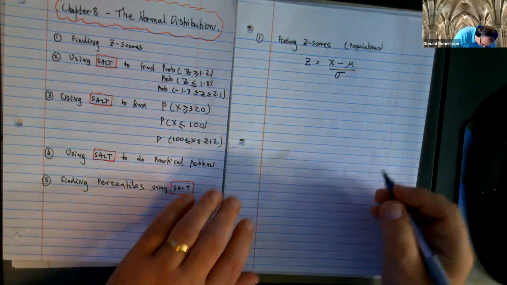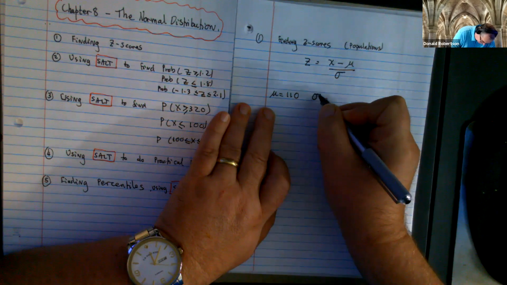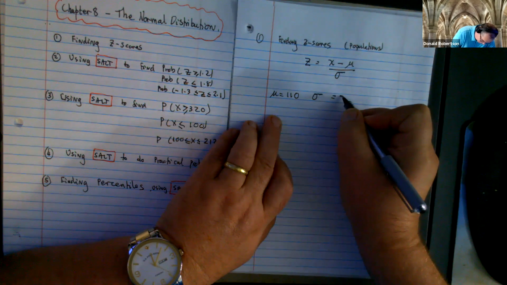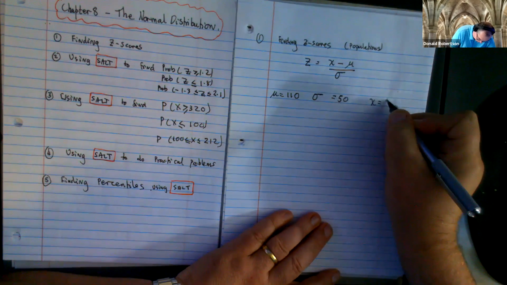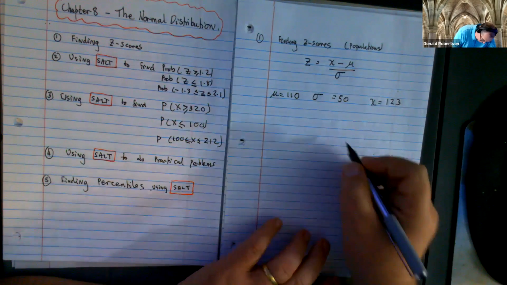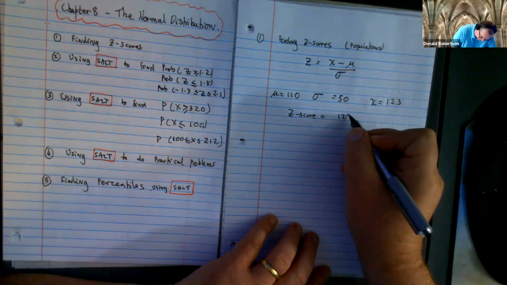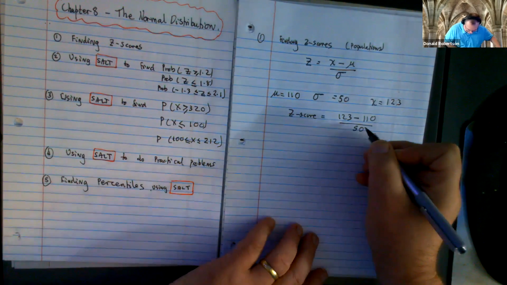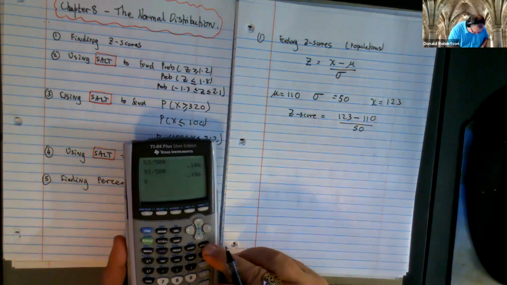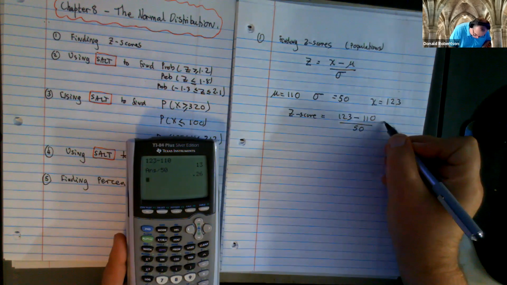So if I tell you that the mean of a population is 110, and that the standard deviation is 50, and you're given a data point of 123, then the z-score will simply be 123, the data, take away the mean, and divided by 50. And so you'd go 123, take away 110, and then divide by 50, and you get an answer of 0.26.